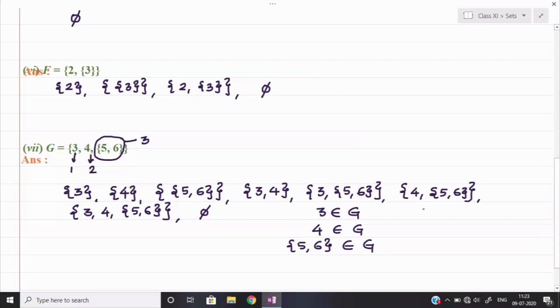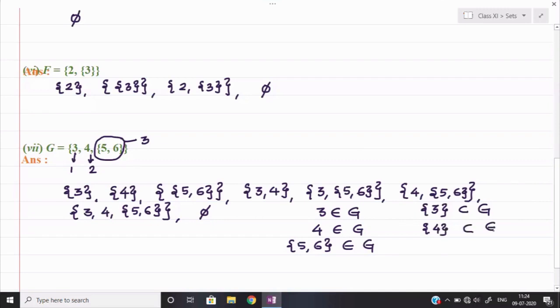But when I write the subset symbol, like {3} in the curly bracket, it becomes a subset, so I can say it is a subset of G. Similarly, {4} will be a subset of G, that you remember.